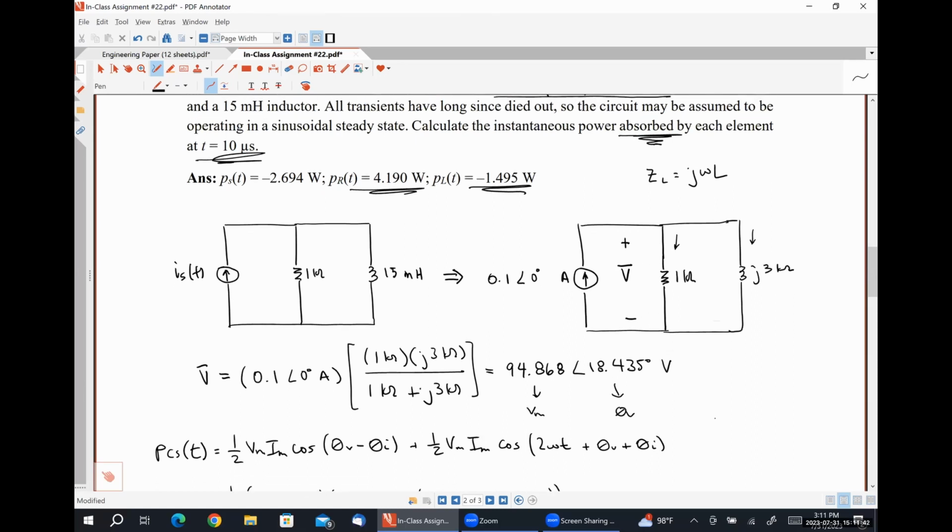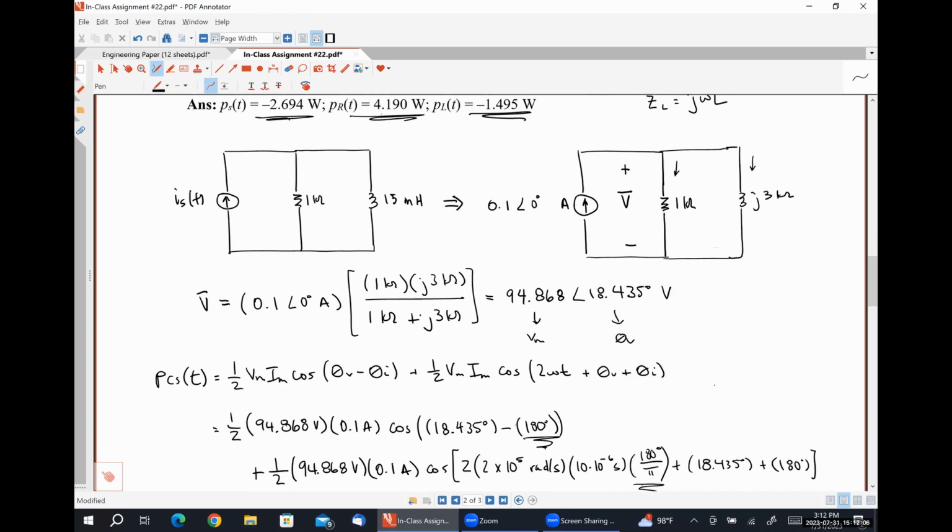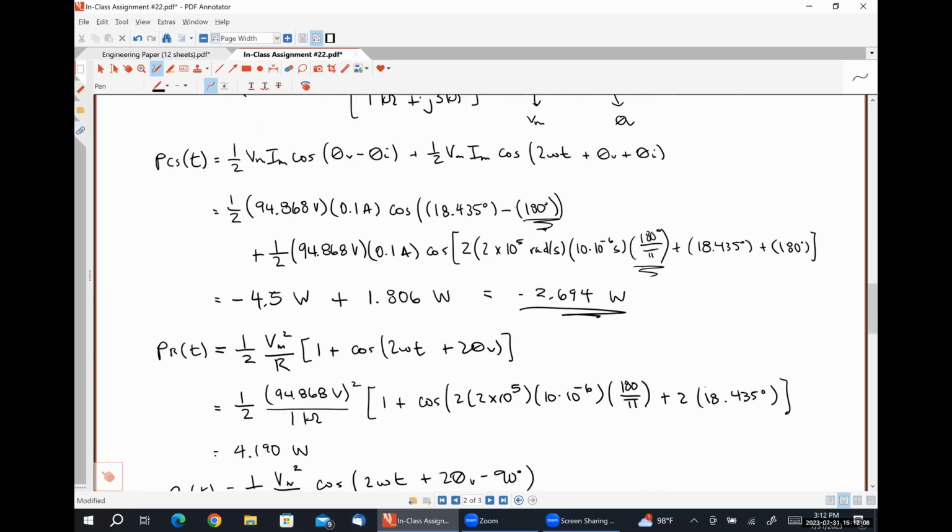And honestly, there was a technically shorter way that we could have done this. So if this is the power absorbed by the source and this was the power absorbed by the resistor, the source plus the resistor plus the inductor all have to add together to make 0. So we could have just used Tellegen's theorem from the second day of class as well. But I wanted to show you how to apply the equations.